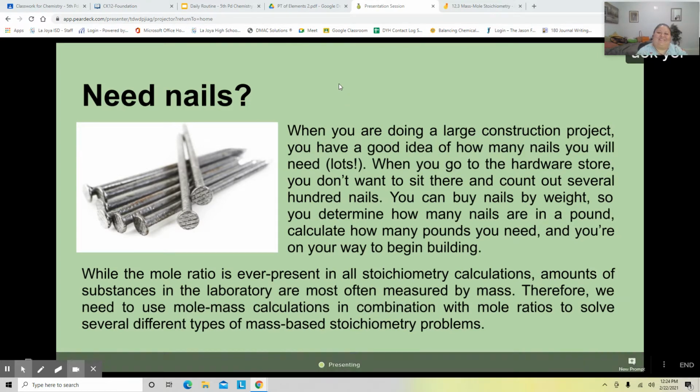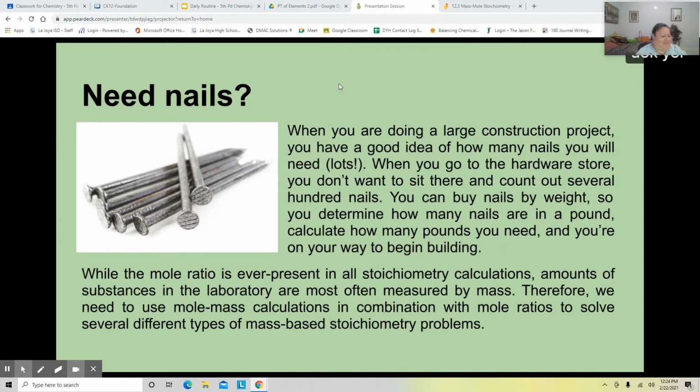When you're doing a large construction project, you have a good idea of how many nails you will need. But when you go to the hardware store, you don't want to sit there and count out several hundred nails. You can buy nails by weight, so you determine how many nails are in a pound. Calculate how many pounds you need to begin building.